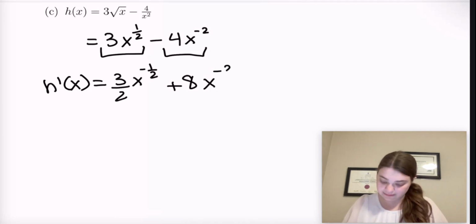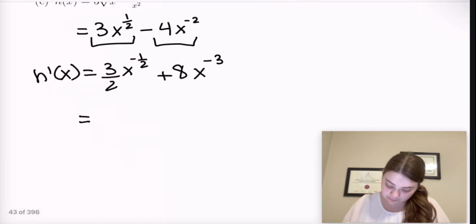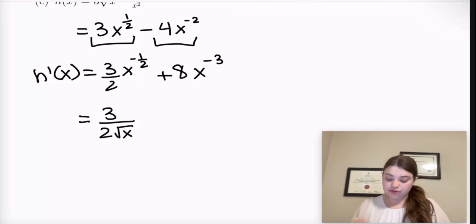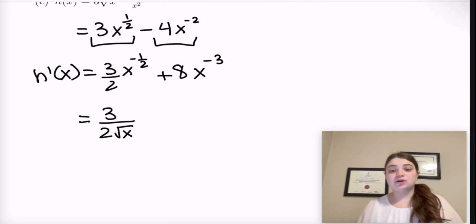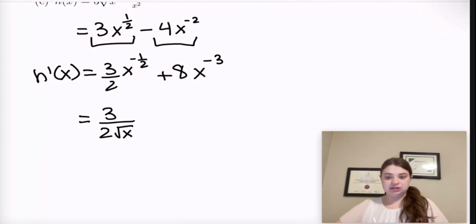Then, in order to get rid of having negative exponents, if that is something that your teacher cares about, which some do, some don't, it just depends, we're going to remove those. So we're going to end up with, over here, 3 over 2 root x, or 2 times x to the power 1/2 in the denominator is fine as well, because recall that x to the power 1/2 is the same as square root of x, and that the negative means move it down to the bottom, right?